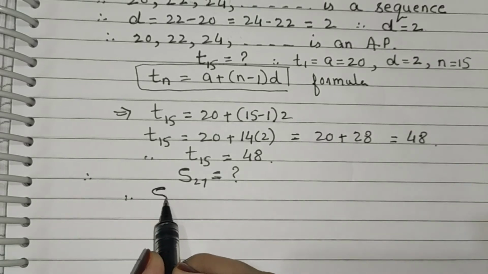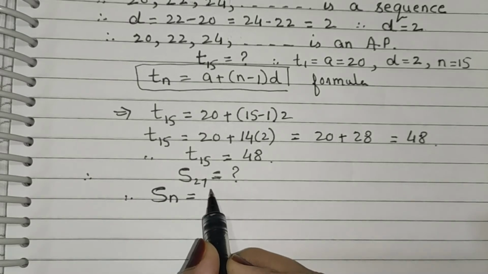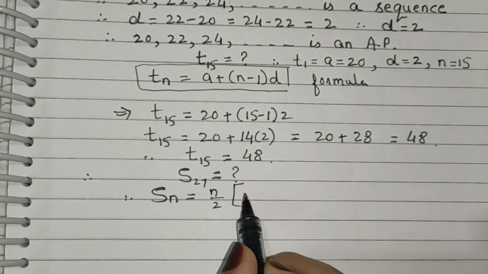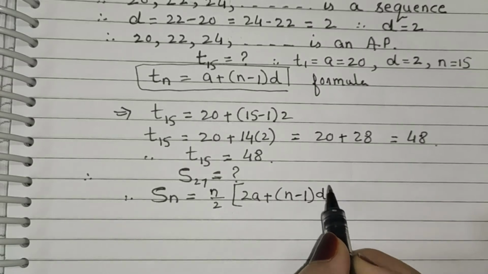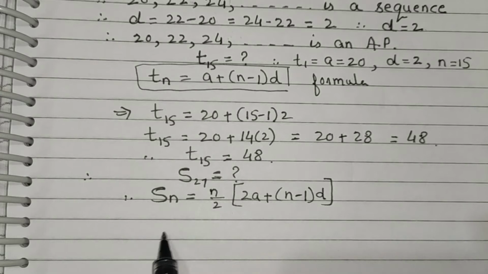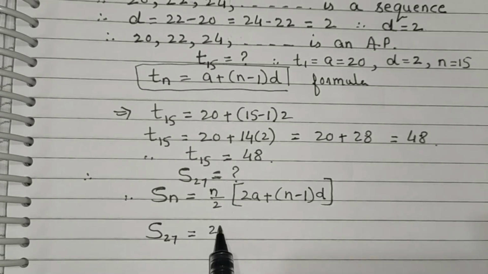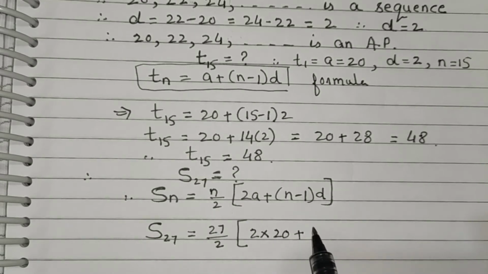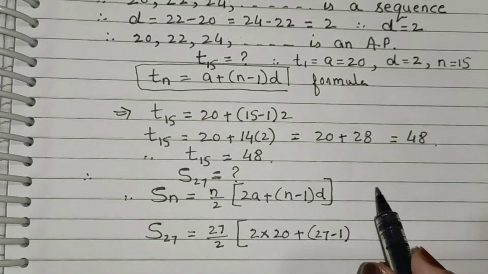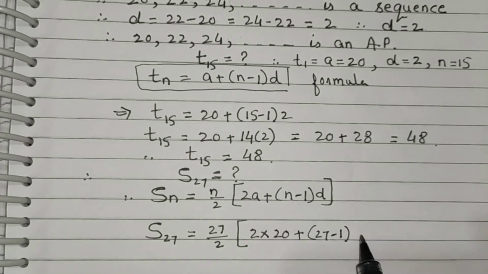Therefore, by using formula Sn is equal to n by 2, 2a plus n minus 1 into D. Now substituting all the values, we get S27 is equal to 27 upon 2, 2 into A, means 2 into 20, plus n minus 1, 27 minus 1, into D. Now the value of D is 2.